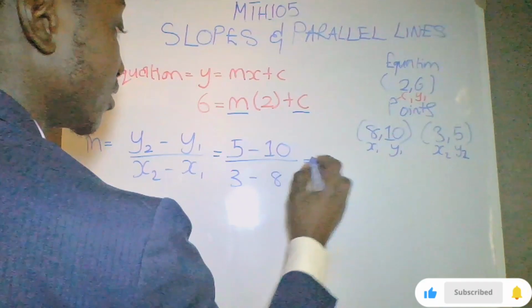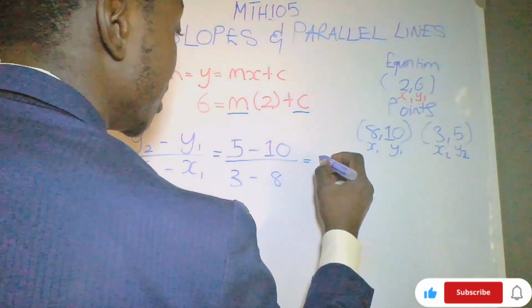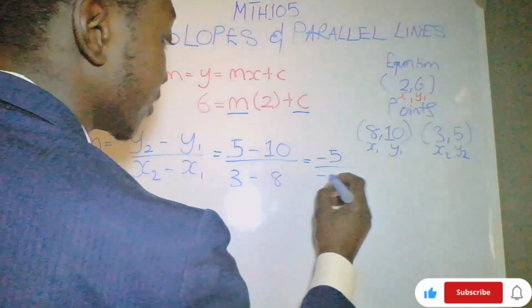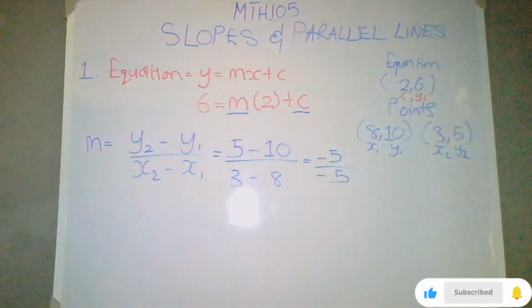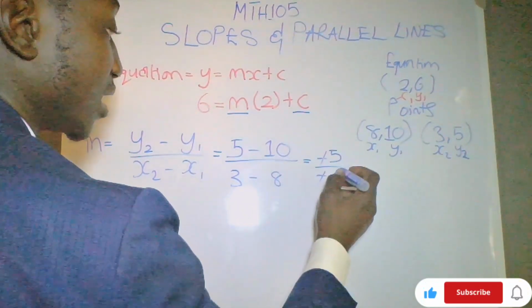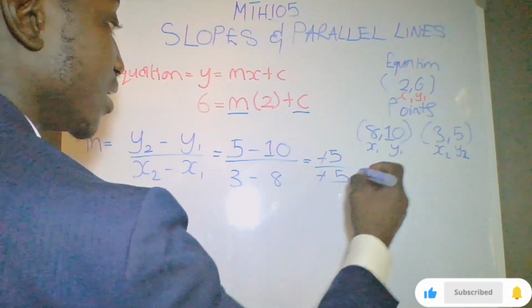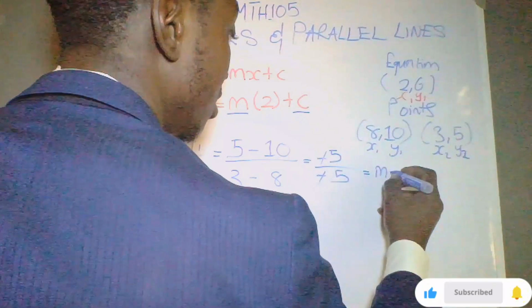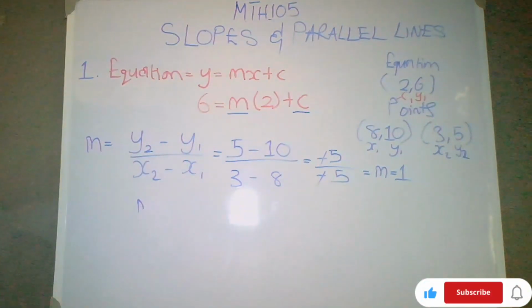Then we have 5 minus 10 gives minus 5, and 3 minus 8 gives us minus 5. So minus cancels minus, and we have m equals 1.